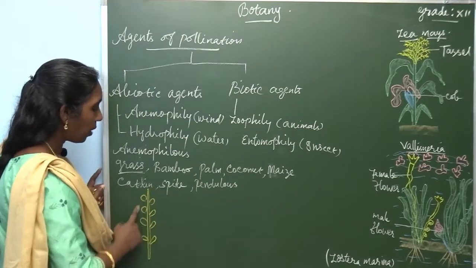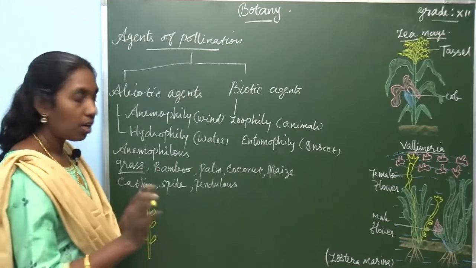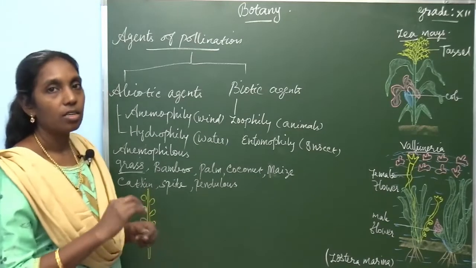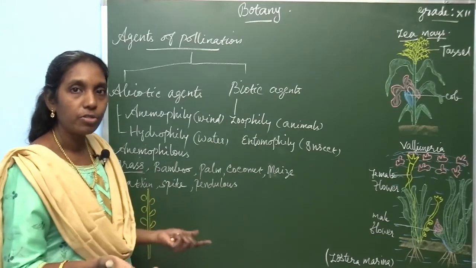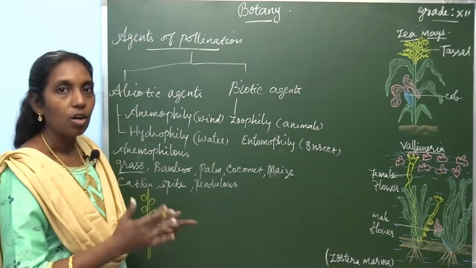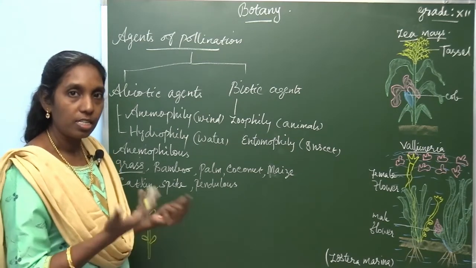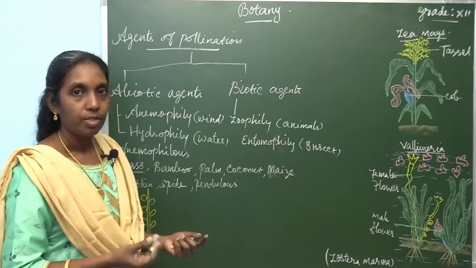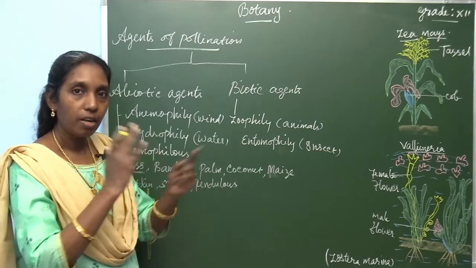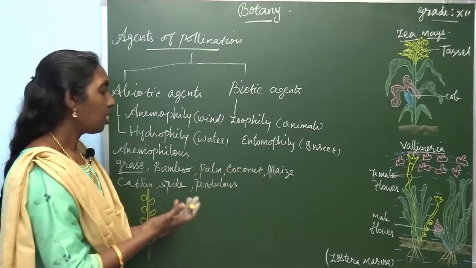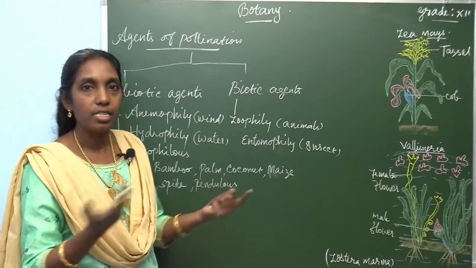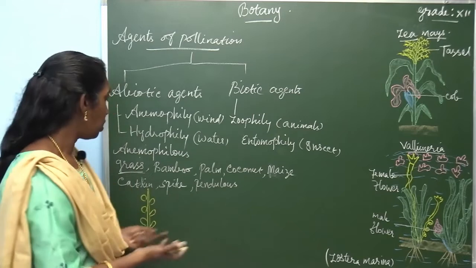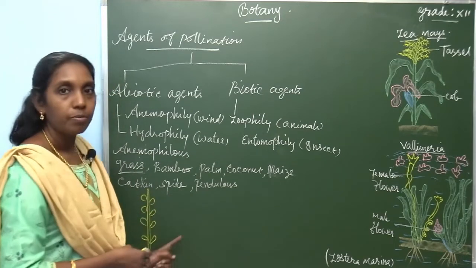They are not colored, they do not produce any scent, there is no odor, and there is no nectar secretion. So, pollination is carried out by wind. They do not produce scent to attract insects, that is why the flowers are inconspicuous.